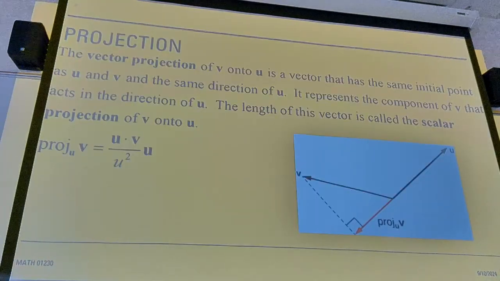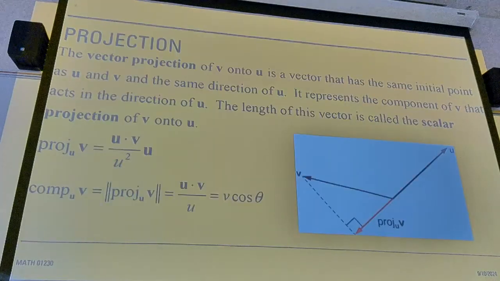So that's the vector projection, and this would be the scalar projection.